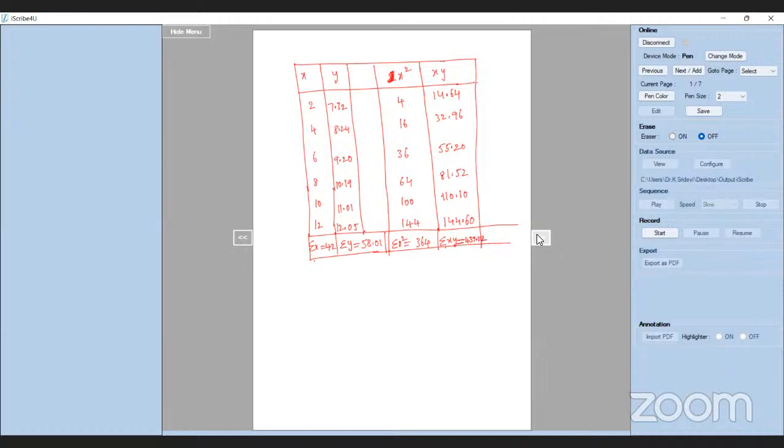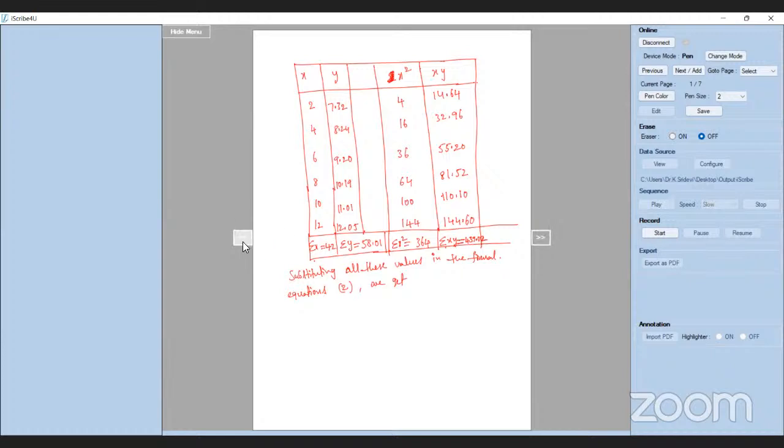Now, substituting all these values in the normal equations 2.